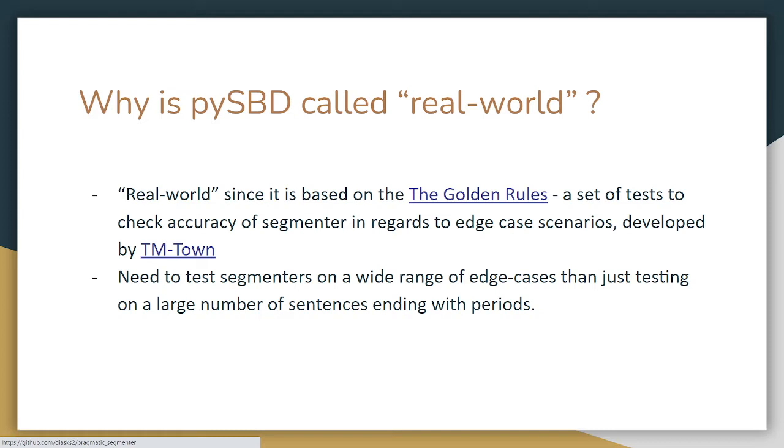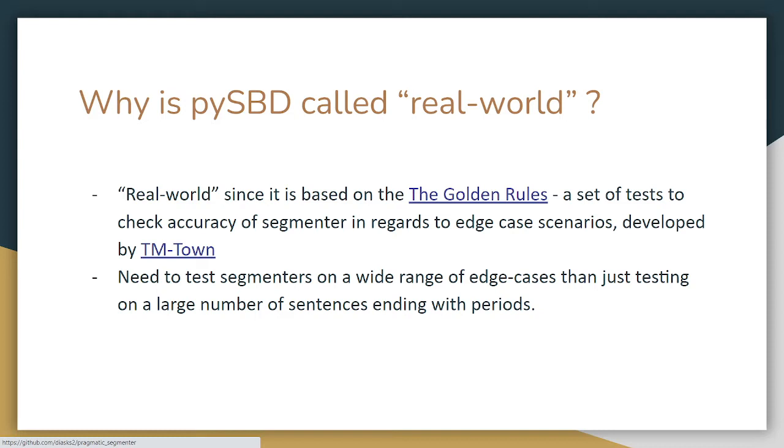There's a small backstory to this. The makers of the Pragmatic Segmenter stated that much of the research performed in sentence boundary disambiguation papers uses the Wall Street Journal dataset and the Brown corpus from the Penn Treebank dataset.